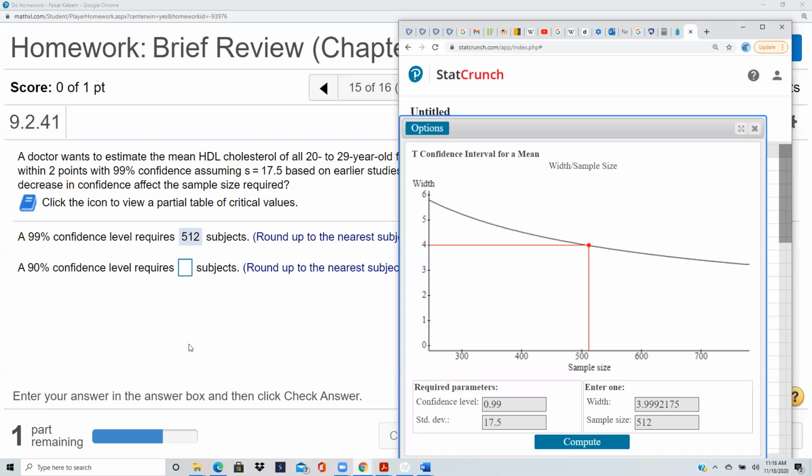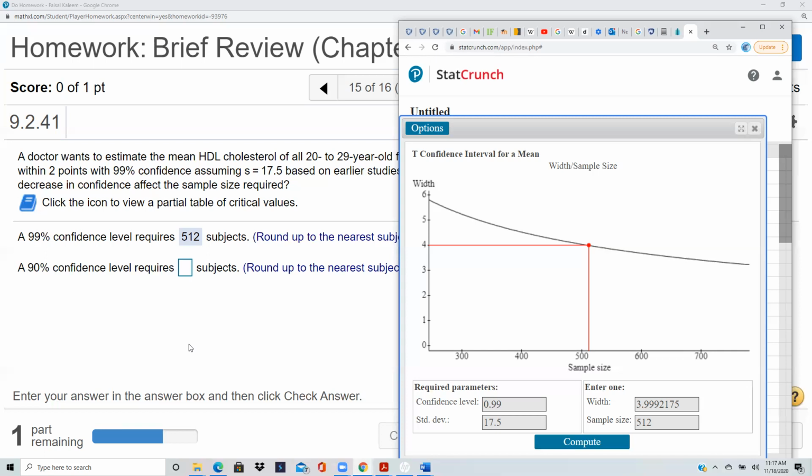Let me try that. I know what I did. Let me see if this is right. In the width, instead of just putting 8, I put 0.08. Oh, no, no, no. That's already incorporated in the thing. So you just put 8.